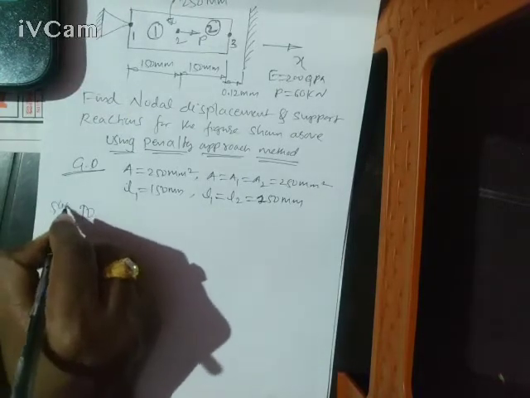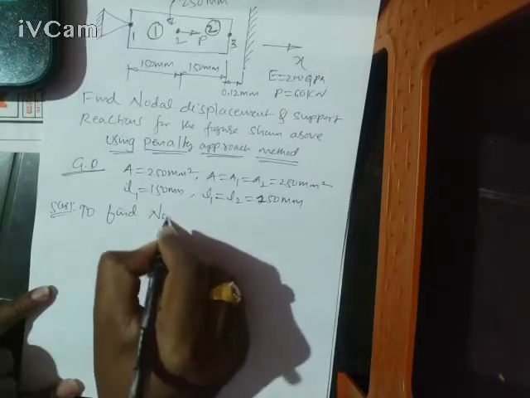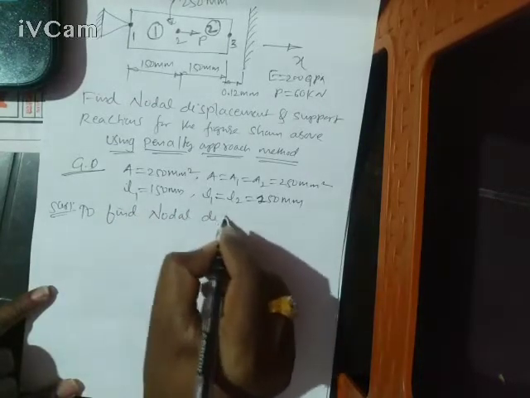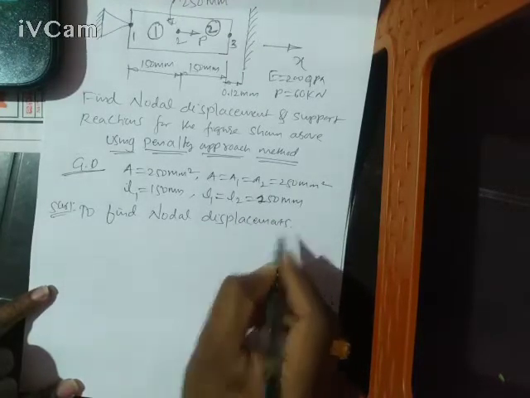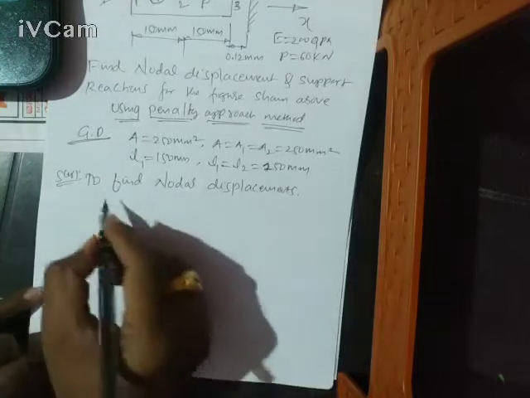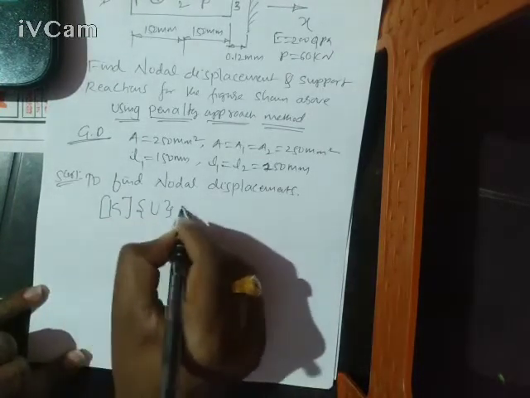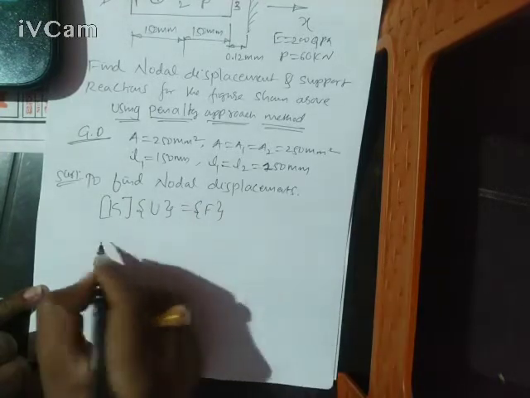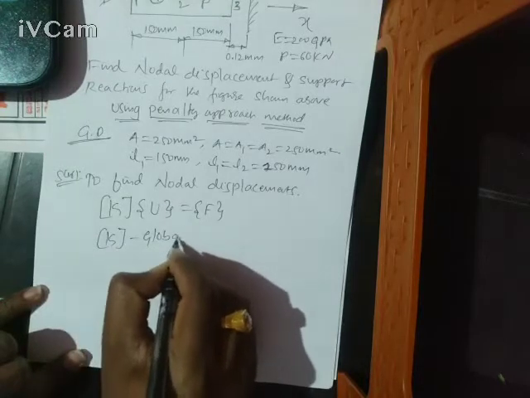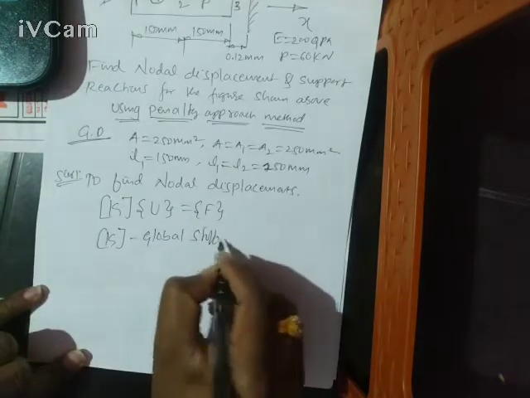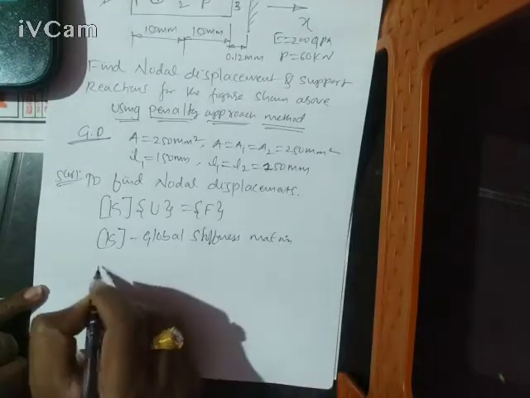So step 1, to find nodal displacements, we know that the 1D equilibrium equation is Ku is equal to F, where K is the global stiffness matrix, and what is U?